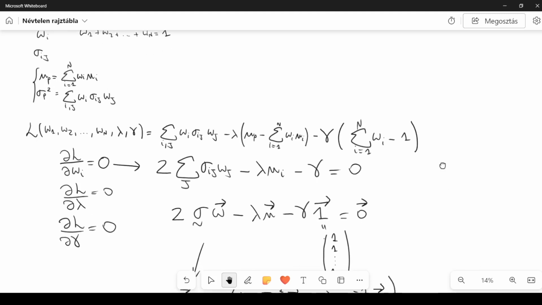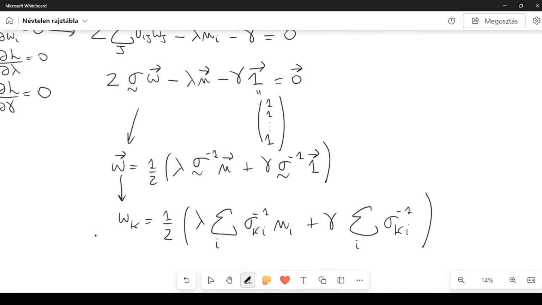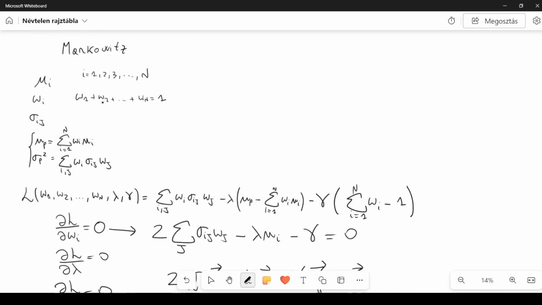Now that we have found an expression for omega k, which depends linearly on lambda and on gamma, you can put this expression into this constraint and also this constraint here. So when you do that, you will have two equations that depend linearly on lambda and on gamma, and you can solve for them. So you will find the solution for lambda and for gamma.